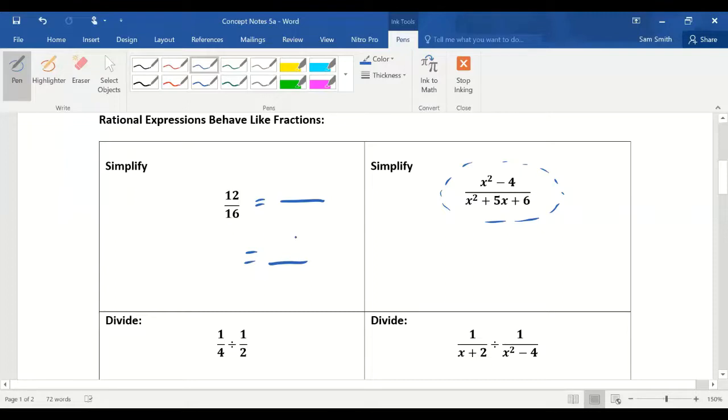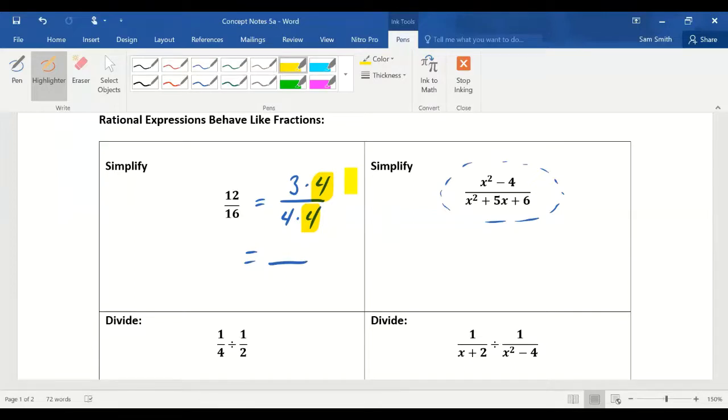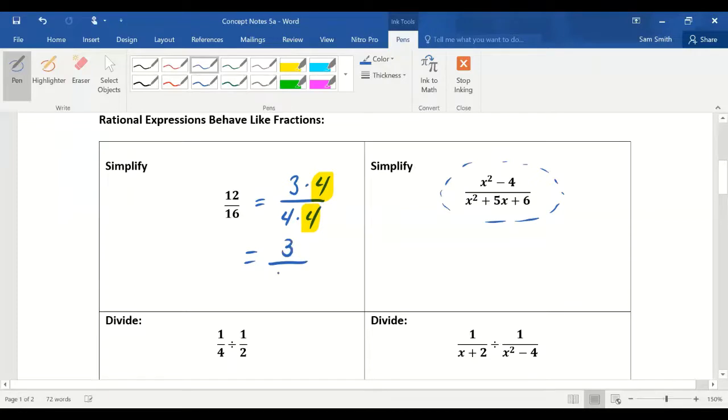12 over 16, if you factor the numerator and you factor the denominator, you'll see a common factor of 4 appear in the numerator and denominator. And common factors in a fraction can be canceled out, leaving behind 3 and 4.